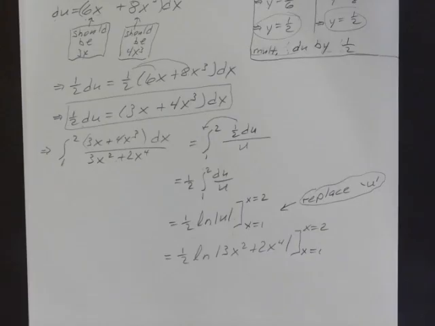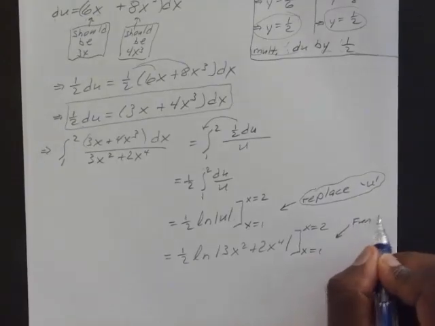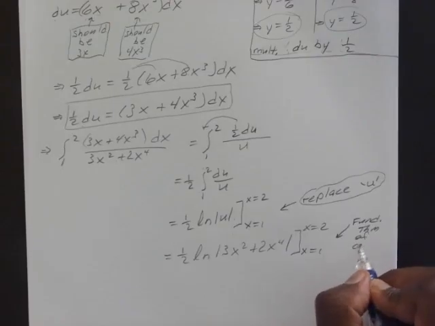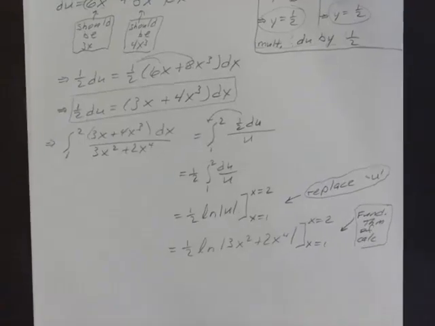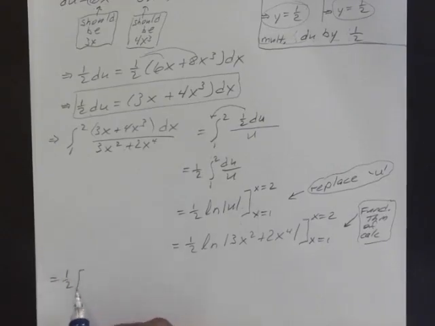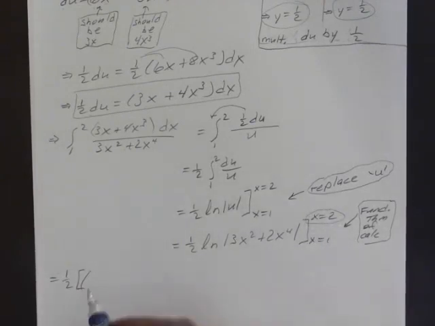Okay. So now we can apply the fundamental theorem. So I'm just going to move this over to make sure we have enough room. So that's 1/2 times, so we plug in our upper bound.